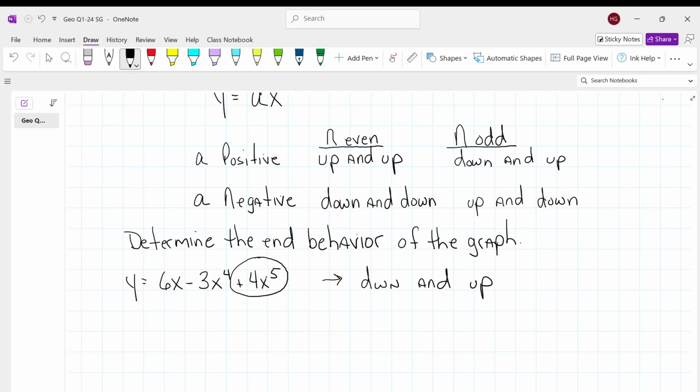So identify the term raised to the highest power. Look at its a value, which is in front of the variable, and look at the exponent. And then use this little chart that we just assembled. Okay, so if we got y is equal to 5 minus 4x to the 7th plus 8x to the 8th minus 9x to the 10th.